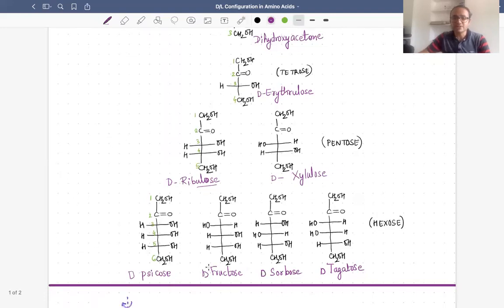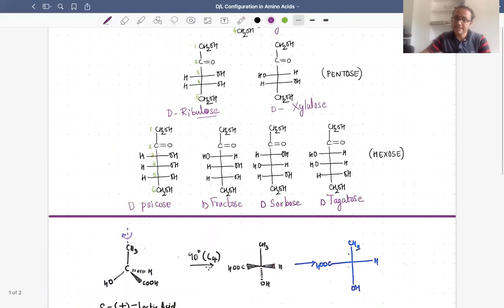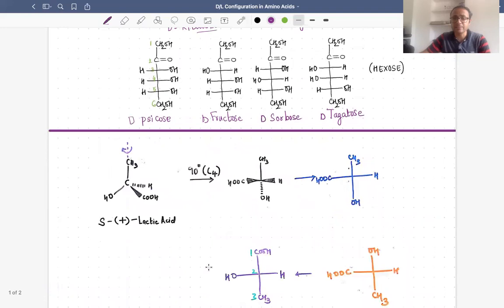Now I would like to discuss with you some of the molecules which are not exactly carbohydrates, but in some of the textbooks, apart from the absolute configuration of R and S nomenclature, you will also find the mention of DL.